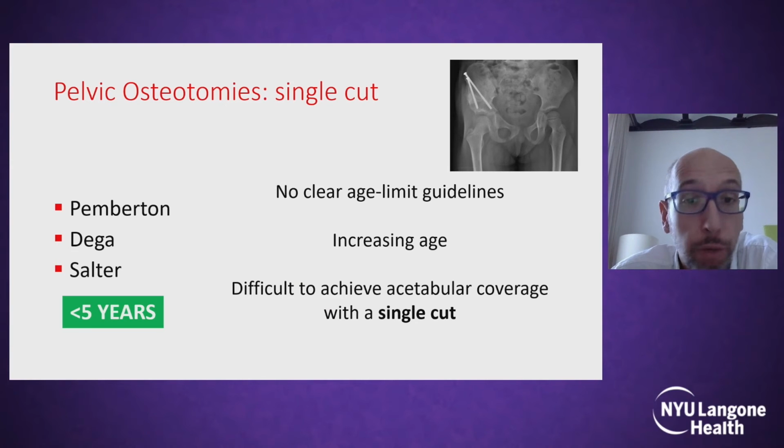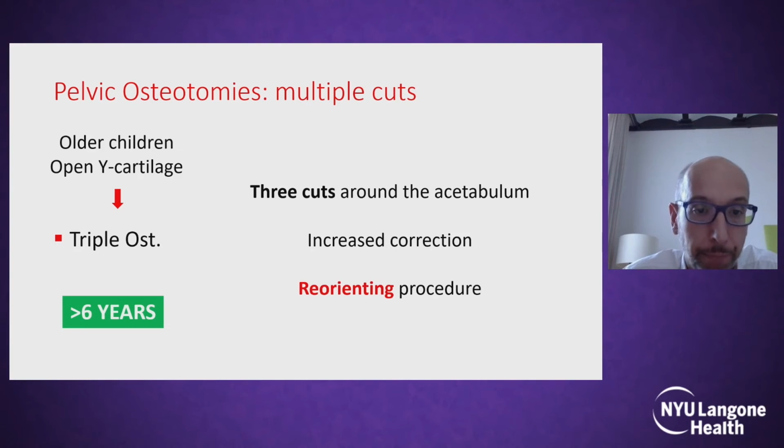This procedure is better indicated in patients younger than 5 years of age. However, the literature doesn't clarify the age limit guidelines for such a procedure, but it is sure that with increasing age, it's more and more difficult to achieve a correct acetabular coverage with a single cut.